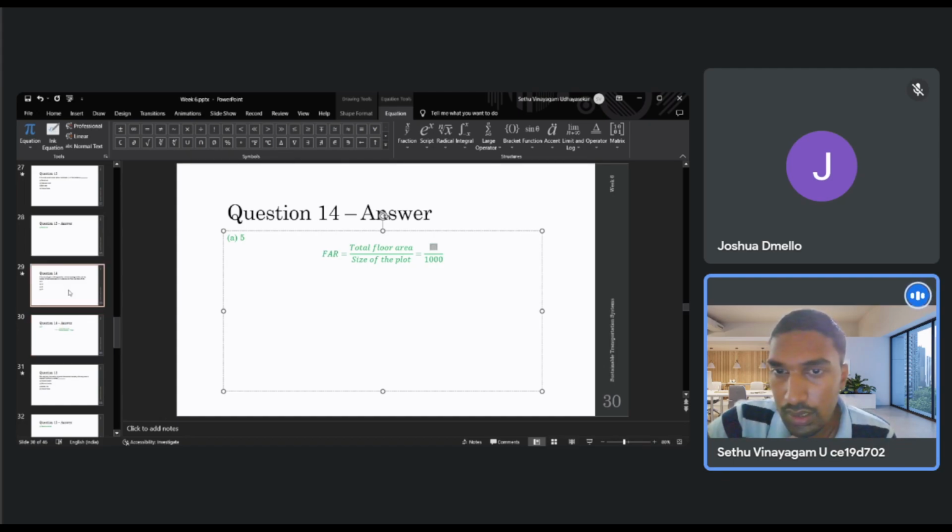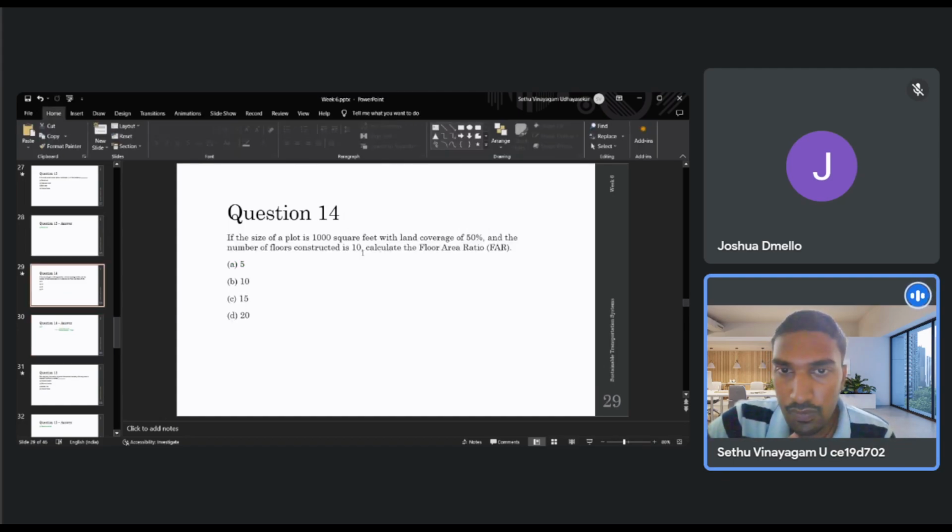How do we know that? We know the total number of floors constructed, which is 10. And it is constructed on a plot of 1,000 square feet with a coverage area of 50%. What does that mean? Only 50% of this plot size can be used for construction. So the size of one floor is 50% of 1,000, which will be 500 square feet. And we have 10 floors.